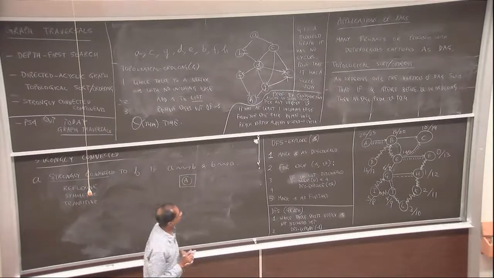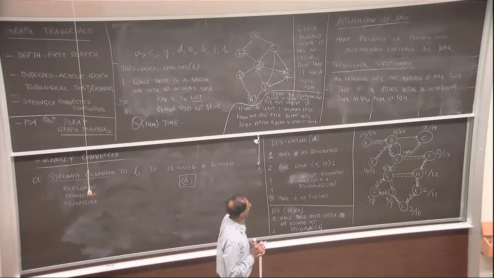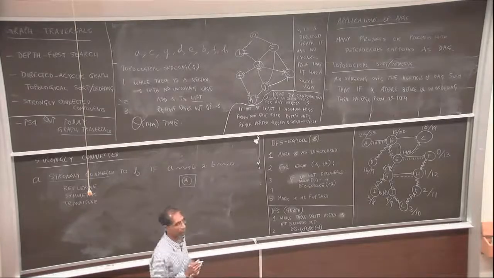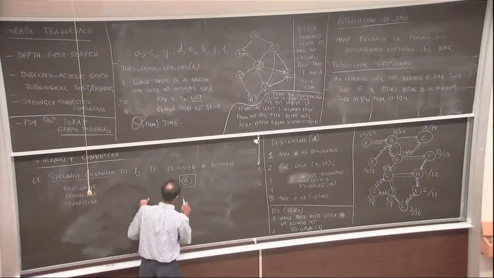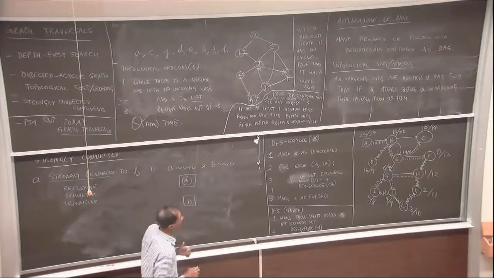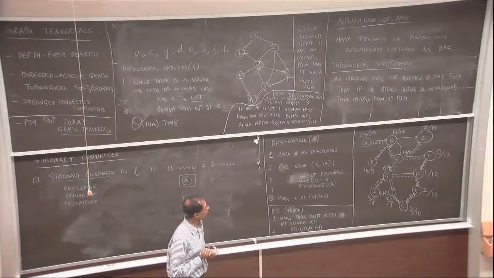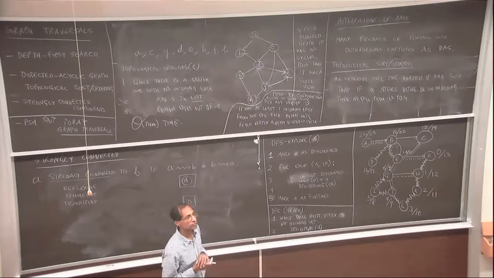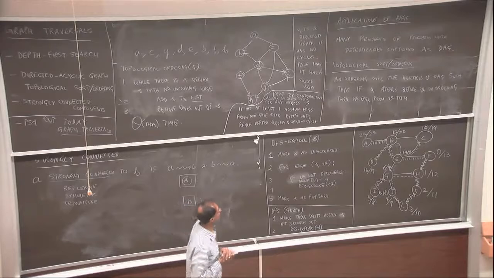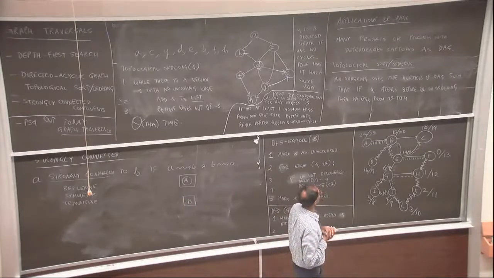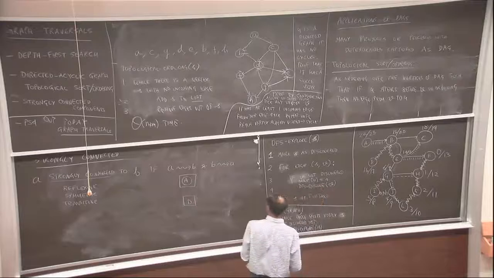What about D? Is D strongly connected to anybody? So D is by itself. What about B? What are the other vertices that it is strongly connected to? So C is by itself.